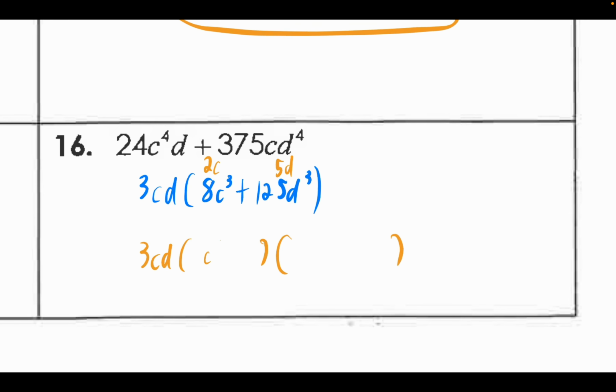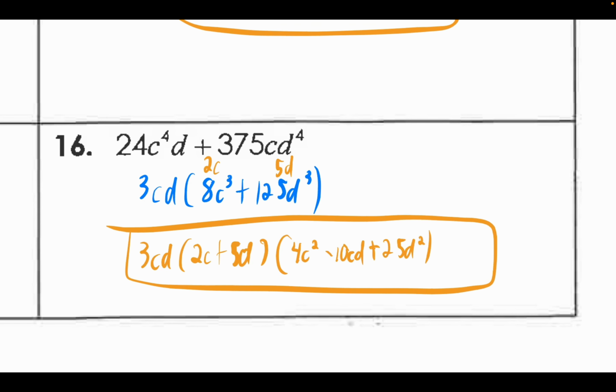So we have 2c plus 5d. In the next parenthesis, or factor, we have 2c squared, which is 4c squared, minus a times b, or minus 2c times 5d, which is 10cd, plus b squared, which is 5d squared, which is 25d squared. Oh, I did not leave myself enough room on that second parenthesis. So we end up having that as our answer.